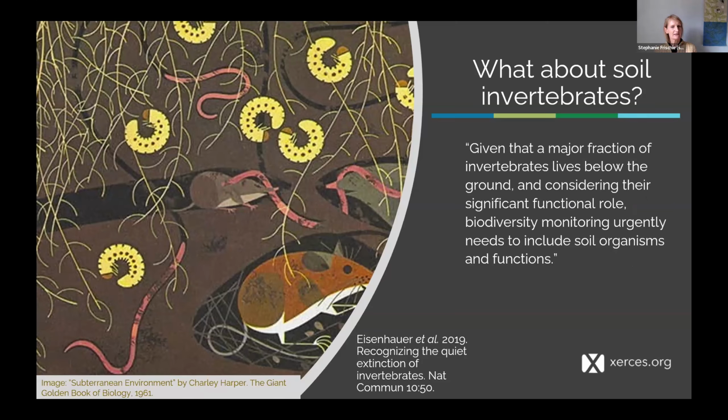And so, given that a major fraction of invertebrates live below the ground and considering their significant functional role, the authors here make the call to action that biodiversity monitoring urgently needs to include soil organisms and functions.